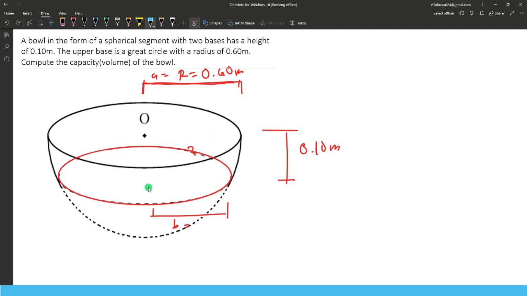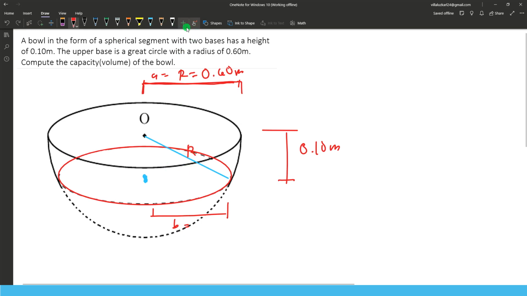Again, if this is the center of the base, we connect the center of the great circle to any point of the sphere. That distance is also equal to the radius of the great circle.